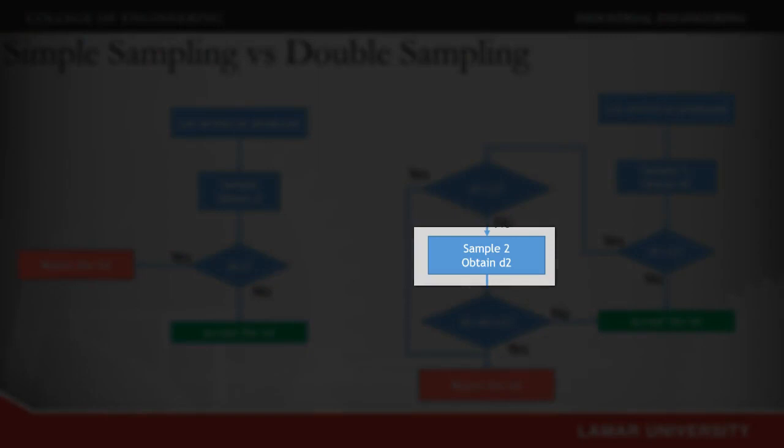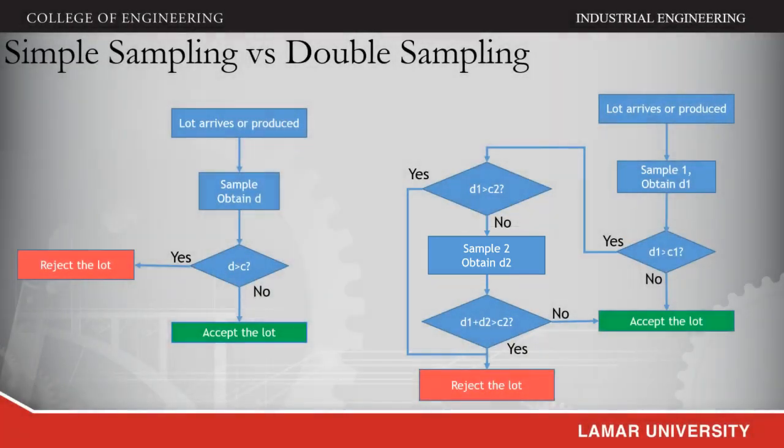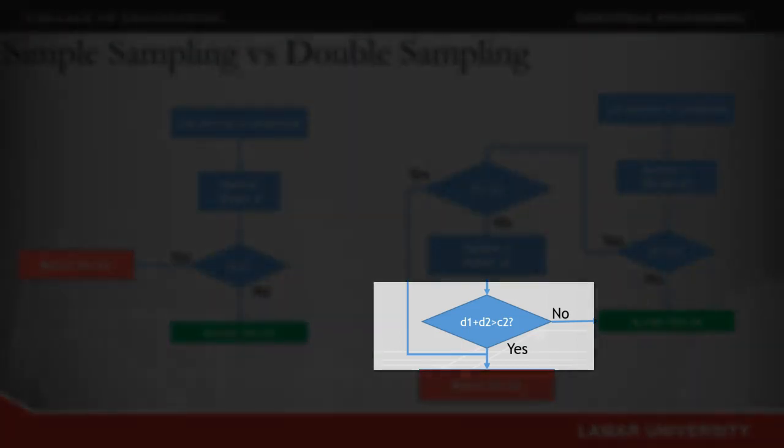And we obtain the number of defects in the second sample. We compute the total number of defects, the ones we had in the first sample and the ones we had in the second sample. We put them together, and now we compare that quantity against the acceptance number for the second attempt.